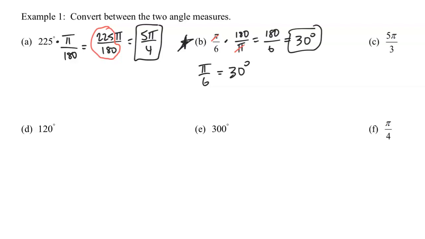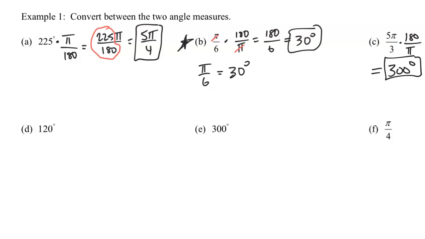Now letter C, we've got 5 pi over 3, and so when we multiply that by 180 over pi, then that's going to convert it into degrees, and so this is going to end up being 300 degrees whenever you simplify.